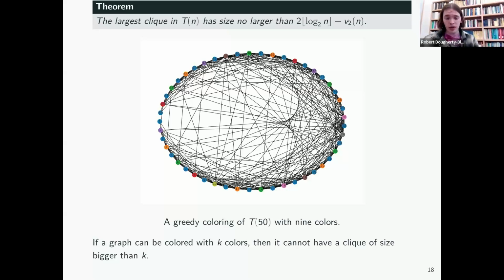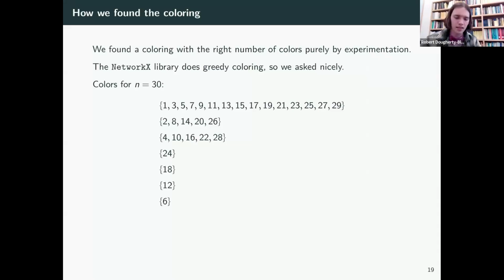So what we were able to do is actually find a coloring for our graphs with exactly the right number of colors that I stated in the theorem. And what's kind of nice for our seminar is that we found it almost purely experimentally, just by looking at the output of some data and making some guesses. We wrote a program that generates these graphs, and there's a Python library called NetworkX that can do graph coloring for you.